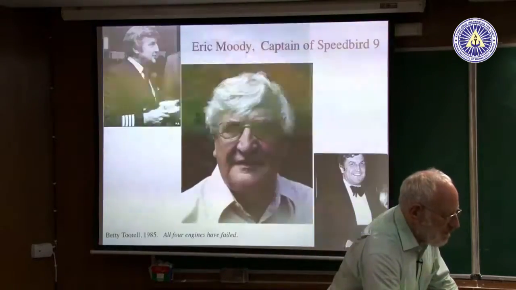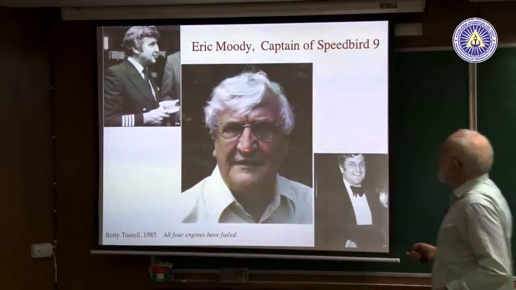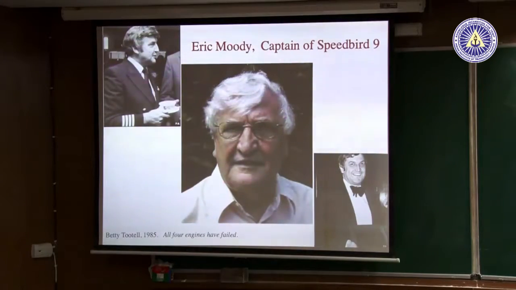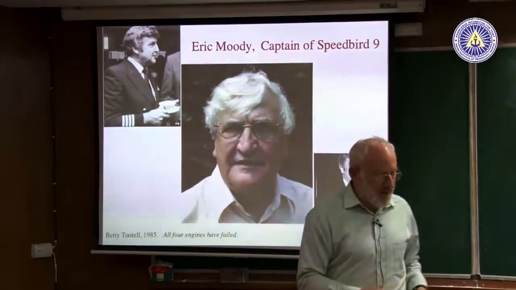Whoops, wrong one. And it was piloted by this guy, Eric Moody. The flight was called Speedbird 9. When it talked to control, it called itself Speedbird 9. And here's Eric Moody.